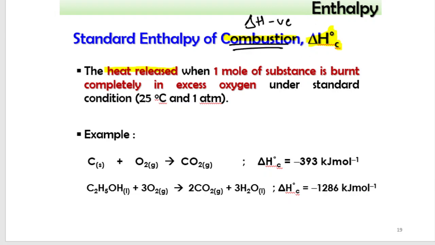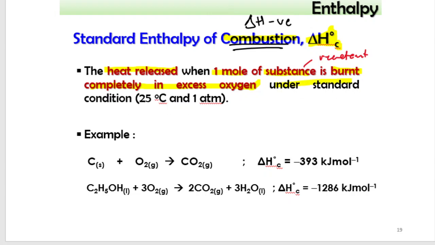Okay? And look at the definition. When 1 mole of your substance is burned completely in excess oxygen. So, maksudnya apa? Compound kamu tu dalam reactant. Substance ni adalah your reactant. Okay, under standard condition.